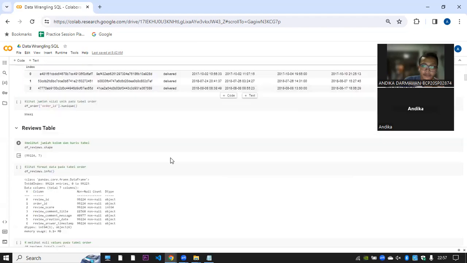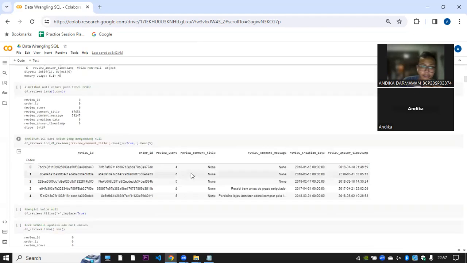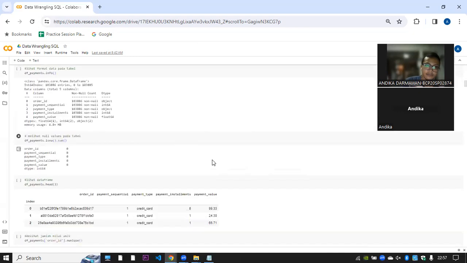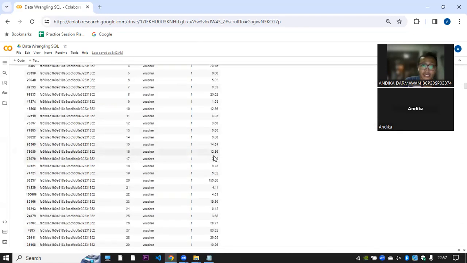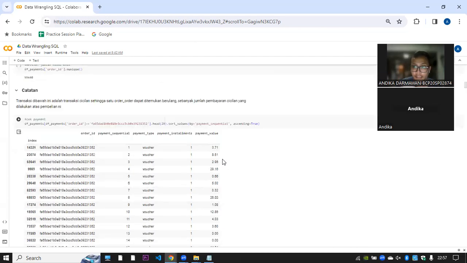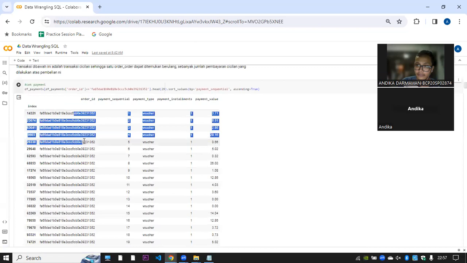And the second thing we do is check for duplicates. The approach that we take for the duplicate rows is not just dropping the duplicates, but aggregating. The reason we use aggregation is, for example, in the payment table, we have duplicate rows for the order ID.